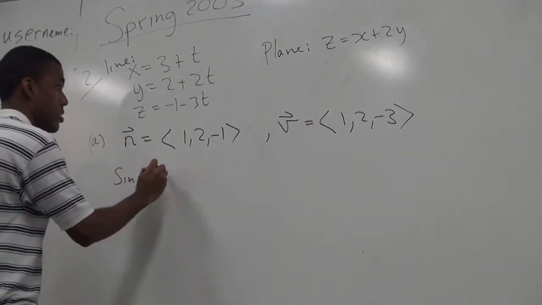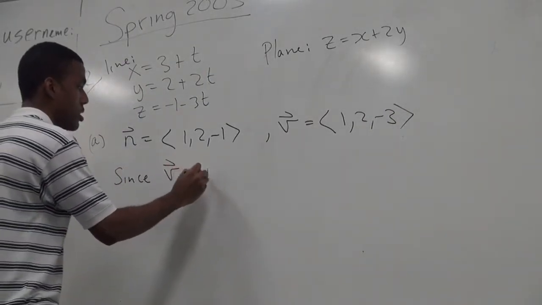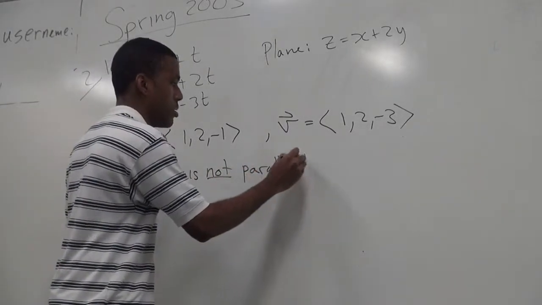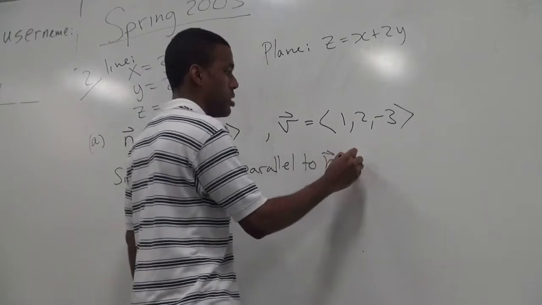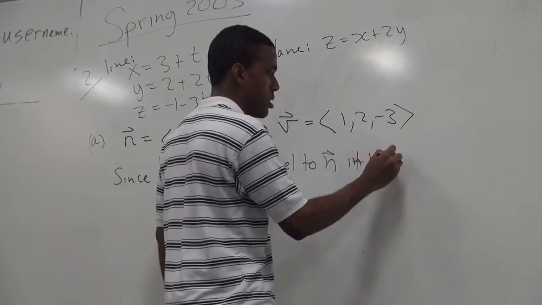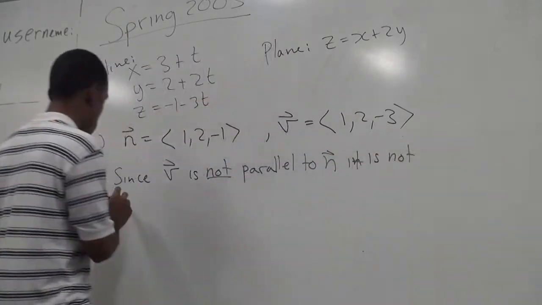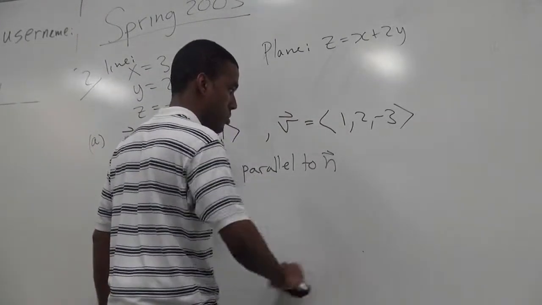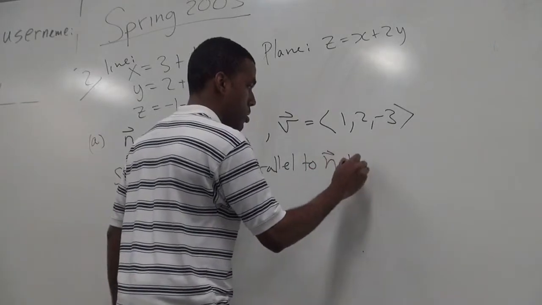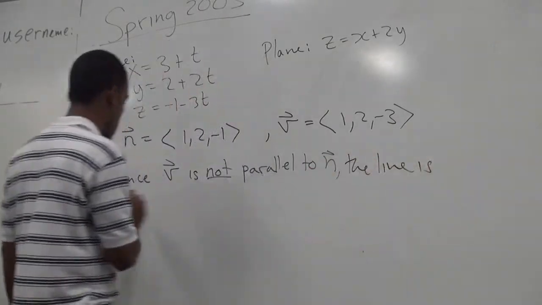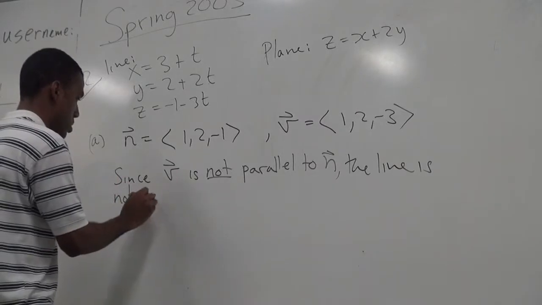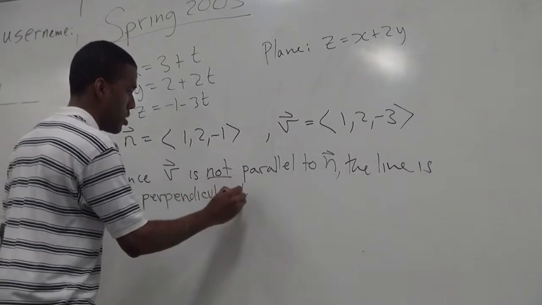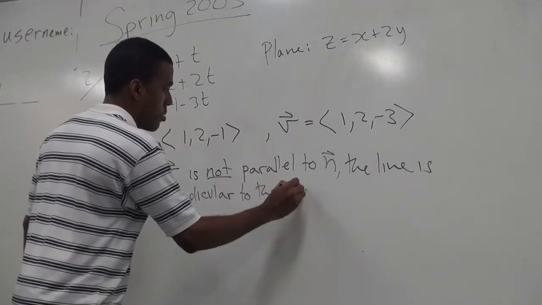Since v is not parallel to n, the line is not perpendicular to the plane.